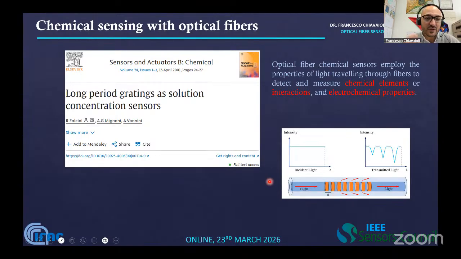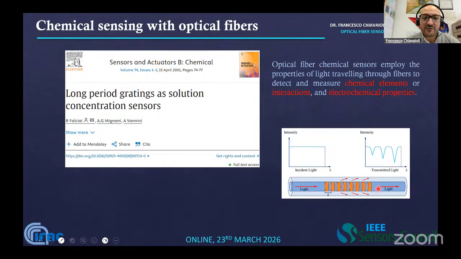This story started with my colleague and friend Anna Mignani in 2001, where they developed long period gratings, which are quite similar to FBG but with a different pitch that creates a transmission spectrum with resonance bands at the output of the fiber.